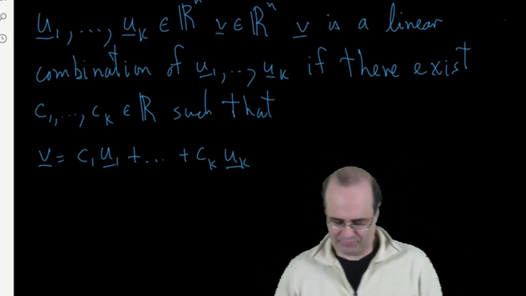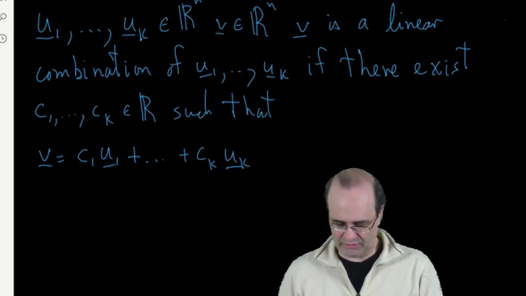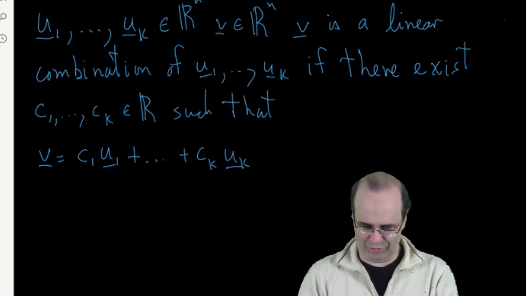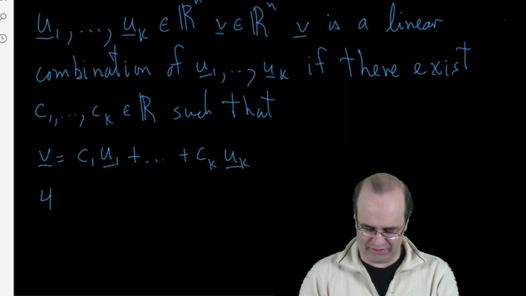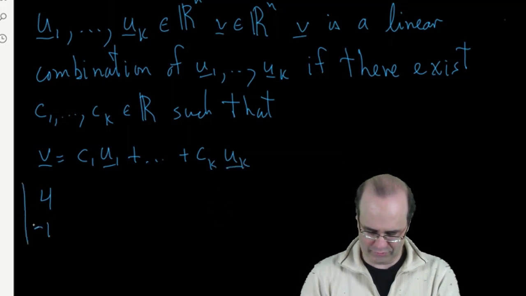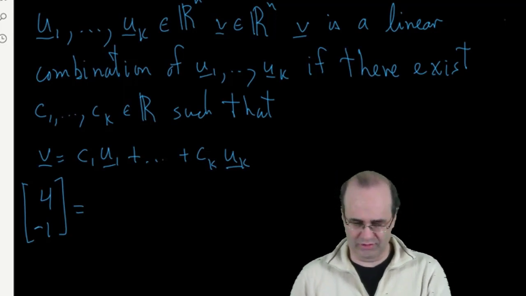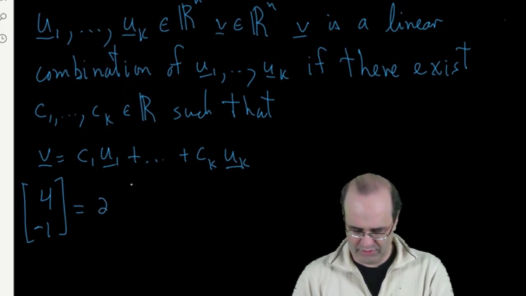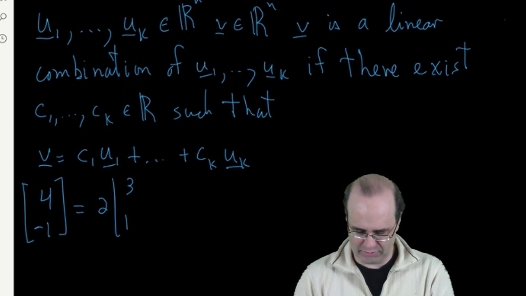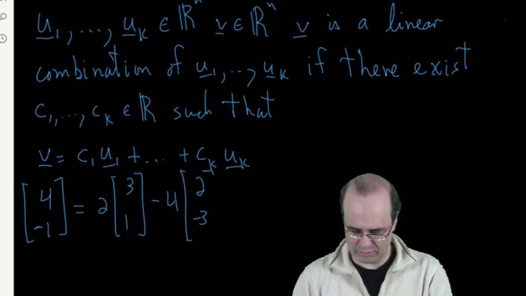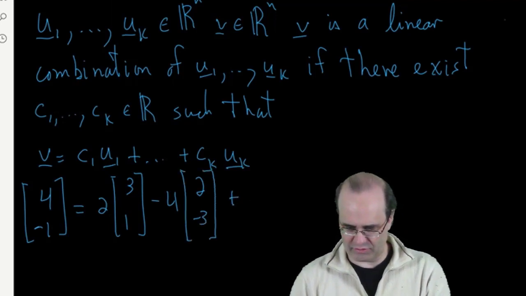So if for instance we take v to be the vector, let's say, (4, -1) in R2, then one can check that (4, -1) is equal to 1 times the vector (3, 1) minus 4 times the vector (2, -3) plus 3 times the vector (2, -5).